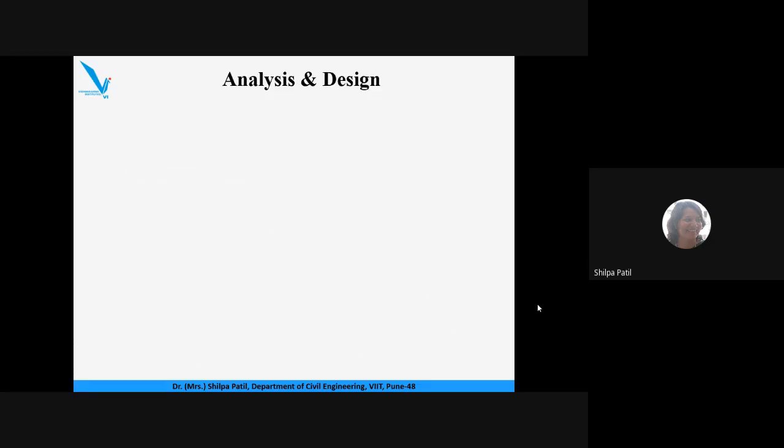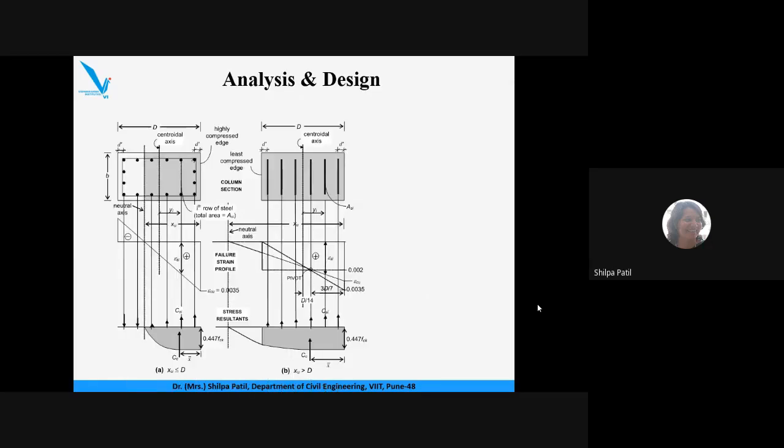Okay, now let us come to the point of how these columns are analyzed and designed. There are two ways for analysis and design of an eccentrically loaded column. One is by using the equations. Obviously, these equations are derived based on the strain diagram and stress diagram we discussed yesterday, depending upon the different cases.